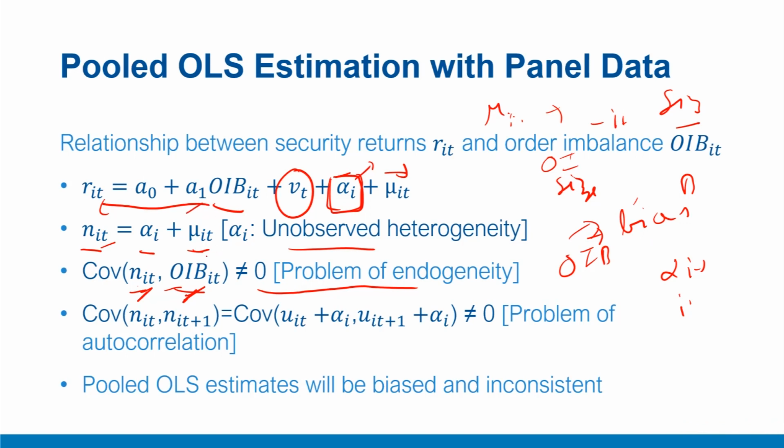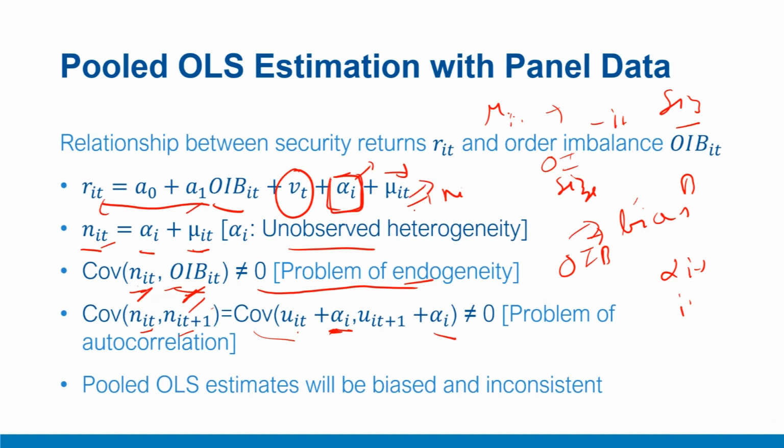Another problem, which is not as significant as the problem of endogeneity but still important, is that now your new error terms like eta it and eta it plus 1 will have a common term, which is alpha I, and this is true for all the error terms, that is eta it minus 1, eta it minus 2, eta it plus 1 and so on. Because of this common alpha I, the covariance of eta it and eta it plus 1 is non-zero, despite the fact that in the original errors there may be no serial correlation.